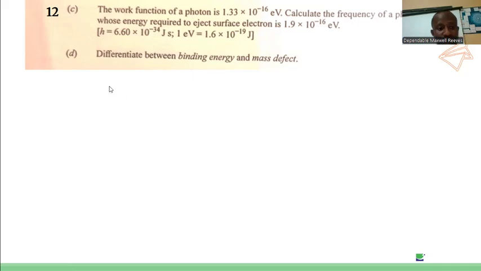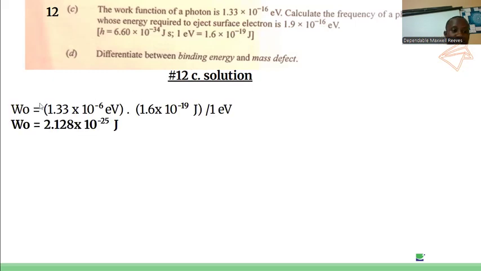So let us dive into business. So we convert the work function here, given to us as 1.33 times 10 to the minus 16 power eV, times 1.6 times 10 to the minus 19 power joules.